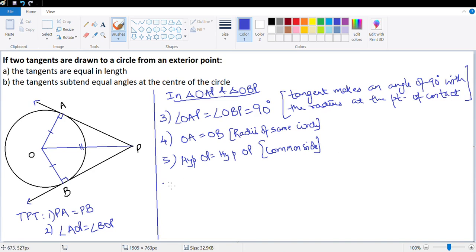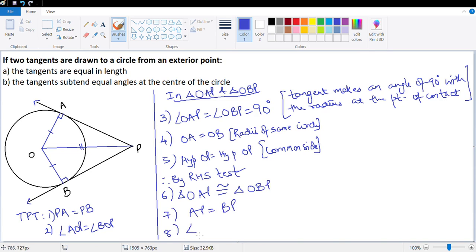So therefore, by RHS test, a right angle, hypotenuse and side, right? By RHS test, we have triangle OAP congruent to triangle OBP, which means I have AP equal to BP. This is what we had to prove.